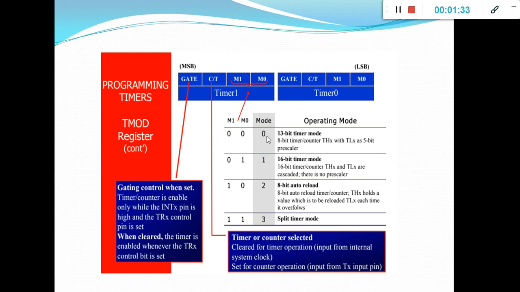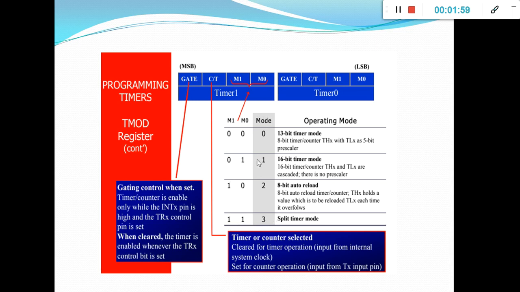When you put 0 0 in M1 and M0, either in timer 0 or timer 1, mode 0 is selected. If you put 0 1, mode 1 is selected. If you put 1 0, mode 2 is selected. If you put 1 1, mode 3 is selected.